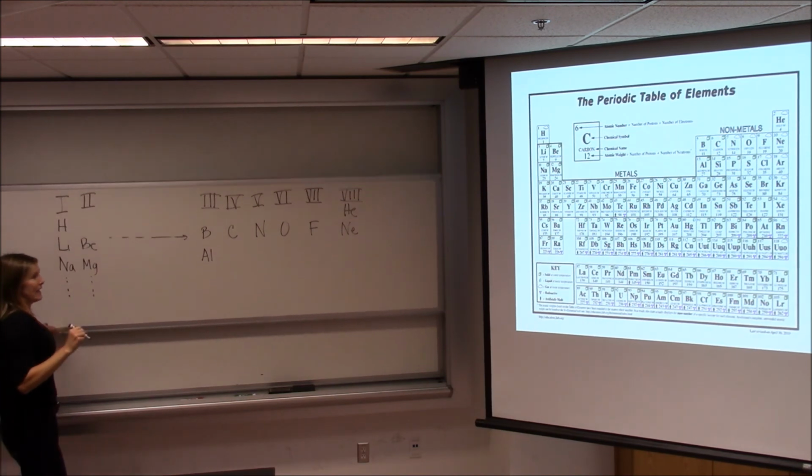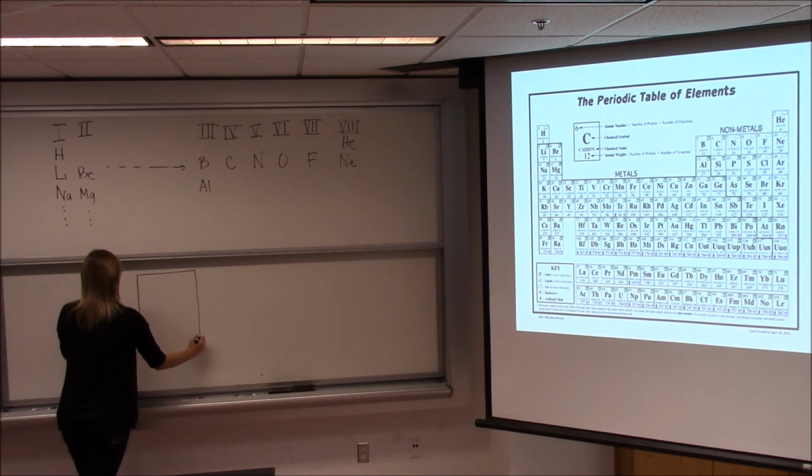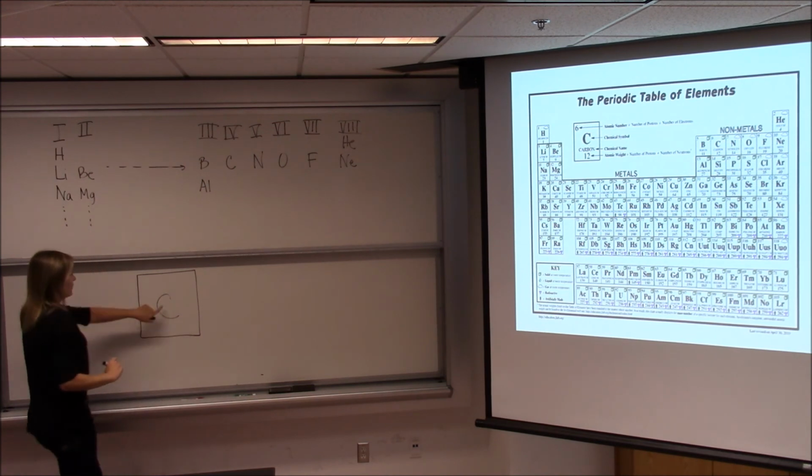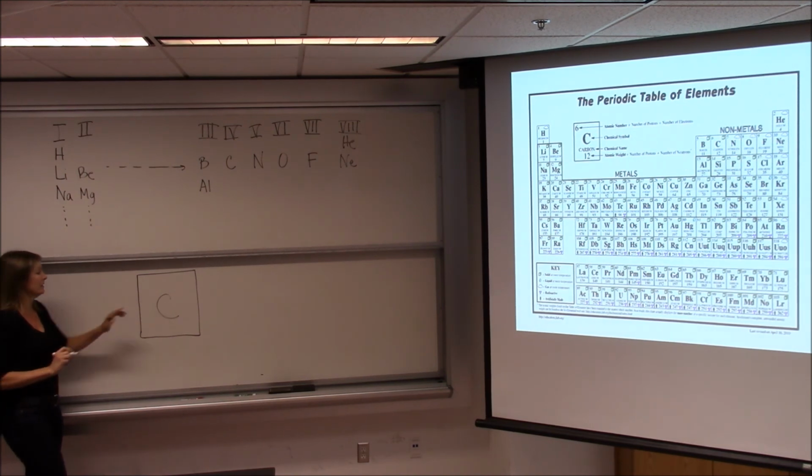So going back to that example, the rectangle with carbon. You notice the carbon is represented by what we call a chemical symbol. That chemical symbol can be either 1 letter or 2 letters.